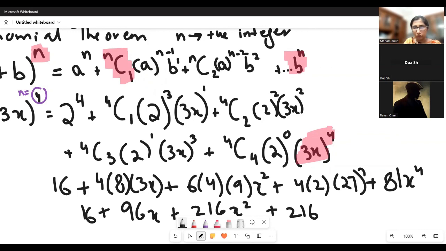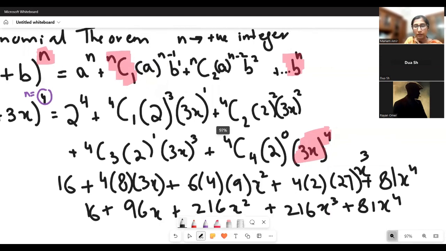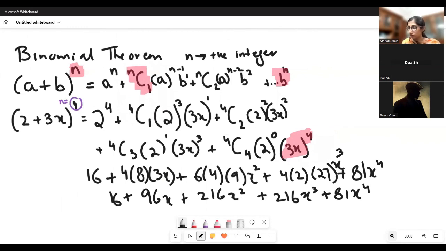There was also an x cubed that I've missed here. Yes, x cubed. Okay, x cubed, plus 81x to the power 4. So this is the binomial expansion of the given expression: 16 plus 96x plus 216x squared plus 216x cubed plus 81x to the power 4. Yes, it's correct. Any questions so far?